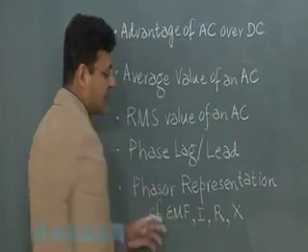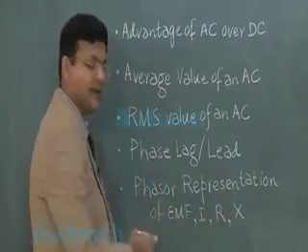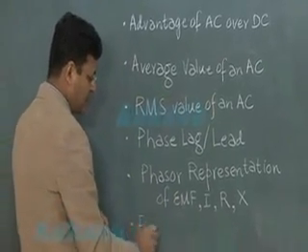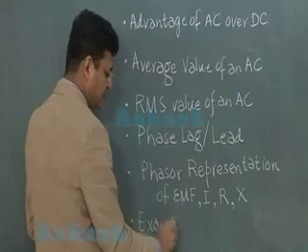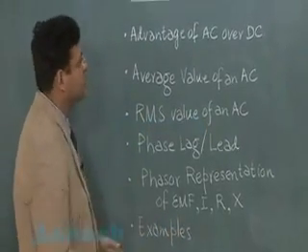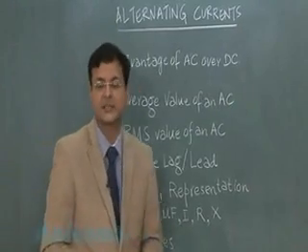Generally we preferred a separate diagram for resistance and reactance and a separate diagram for EMF and current. We had certain examples which demonstrated the concepts. You understand? So these are the things we discussed in our first lecture of alternating currents.